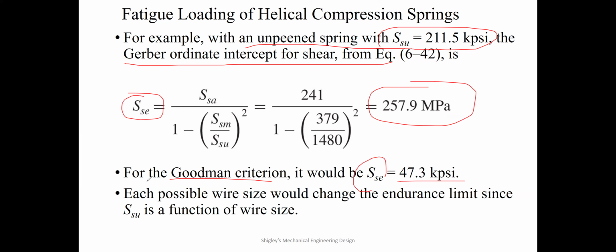Okay, and each possible wire size will change the endurance limit since SSU is a function of wire size, right? Because SSU is roughly equal to 67% of the SUT, right? And SUT depends on the parameters A and M, and wire diameter.